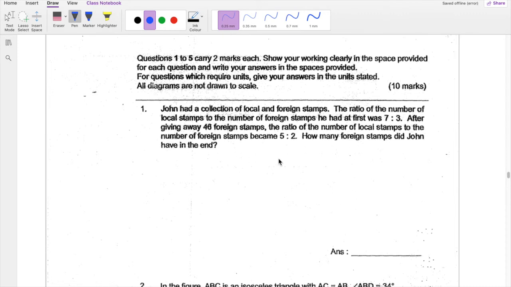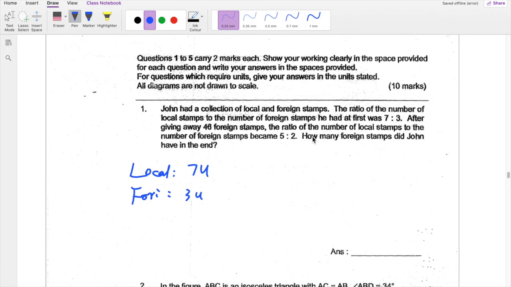So it's very straightforward. It has the local stamps versus the foreign, right? So if local is 7U, foreign would be 3U, right?